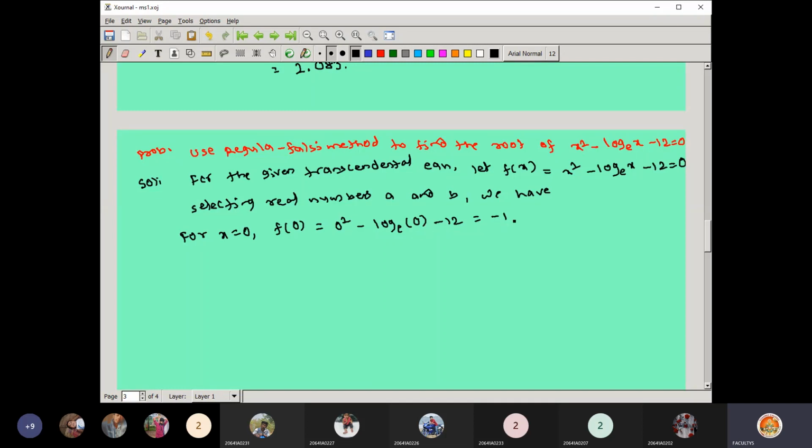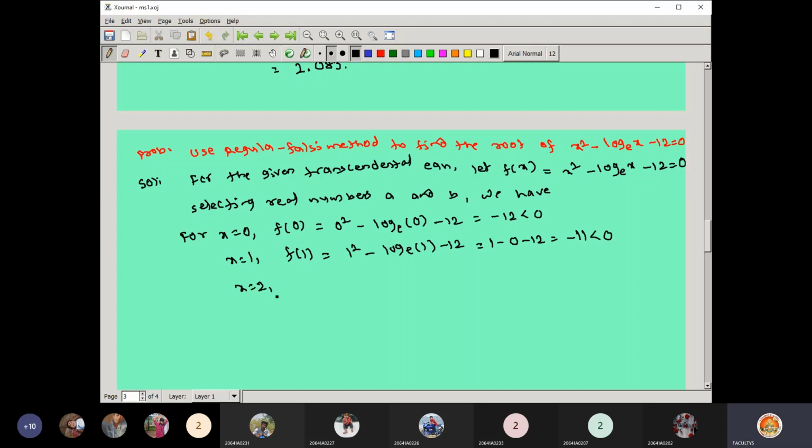So you get only minus 12. Next, go for x equal to 1. f of 1 is 1 square minus logarithm of 1 minus 12. Using the ln button, log 1 becomes 0, so you get minus 11, which is less than 0.